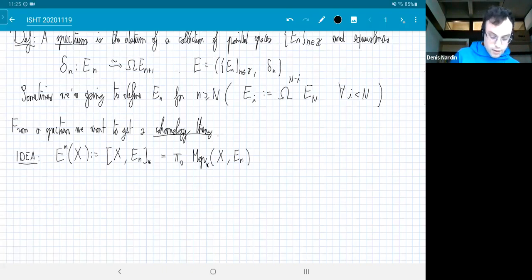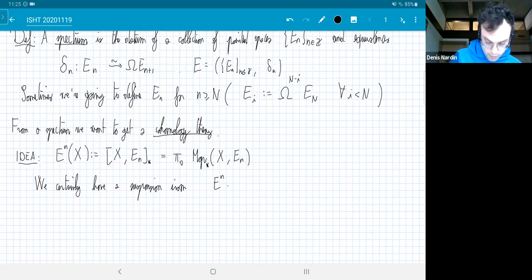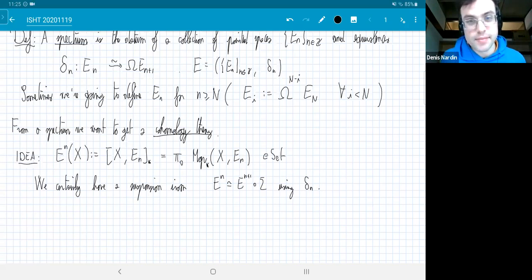Well, we certainly have a suspension isomorphism by the loop-suspension adjunction using δ_n. But as you were noticing, this a priori is just a set. In fact, in the exercise sheet there's going to be an exercise asking you to prove that in the definition of a cohomology theory, you can just put set.